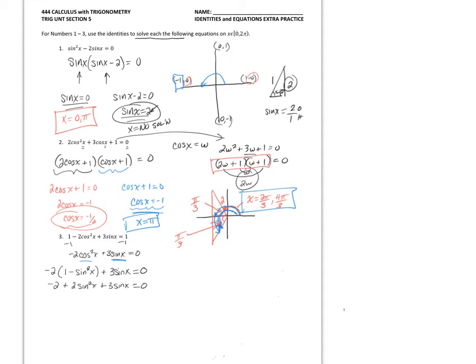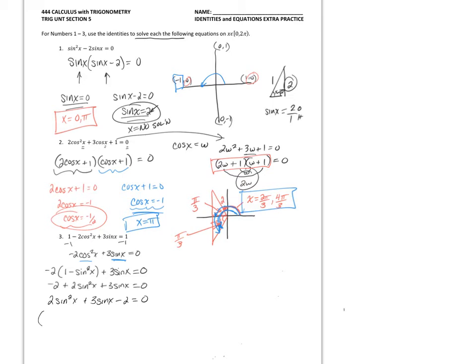And now, with this quadratic pattern that we have with the squared term, the regular term that's not squared, and then the constant, let's rearrange those to get them in descending order. So here we go, 2 sine squared plus 3 sine minus 2 equals 0.